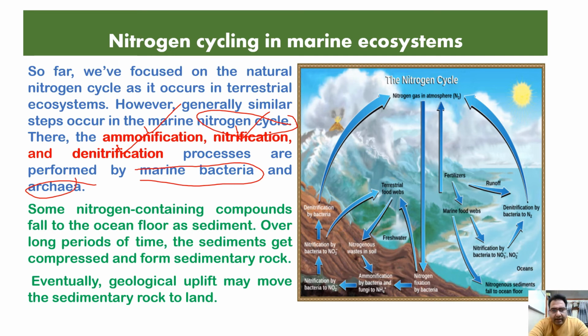Some nitrogen-containing compounds fall to the ocean floor as sediment, and over long periods of time these sediments get compressed and form sedimentary rocks, and eventually geological uplift may move these sedimentary rocks to the land. So a similar mechanism takes place in the marine environment as well.